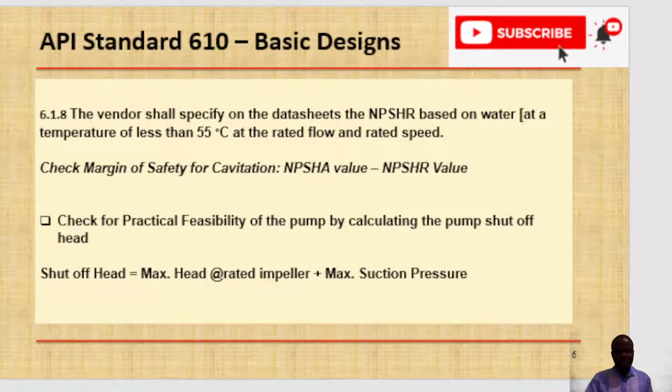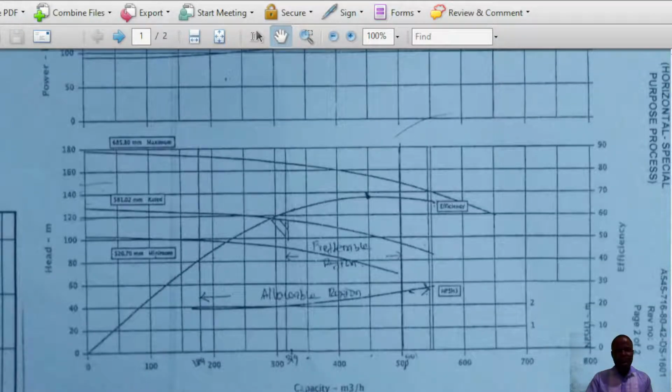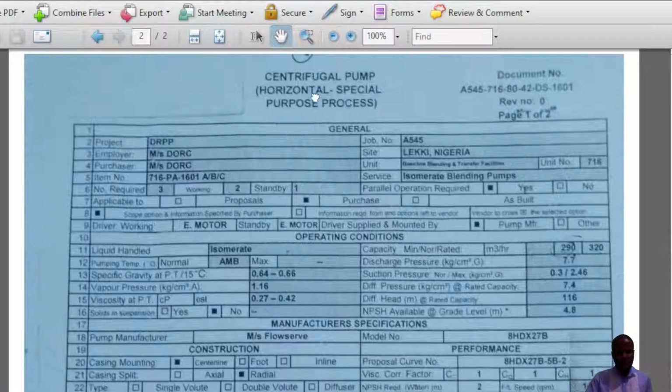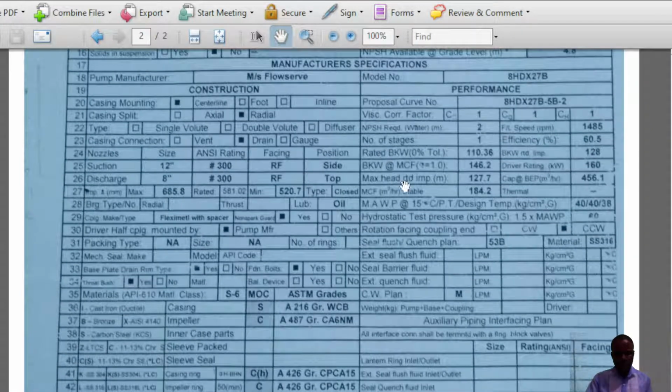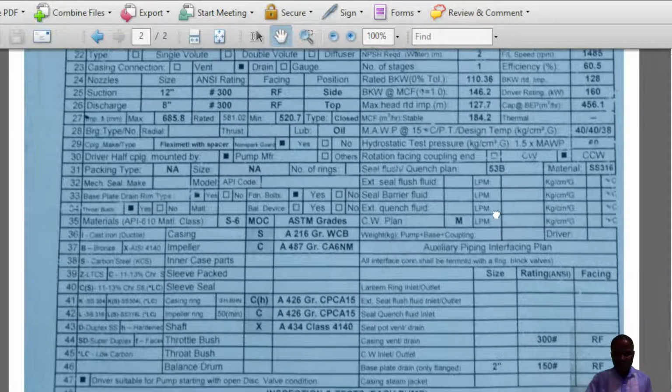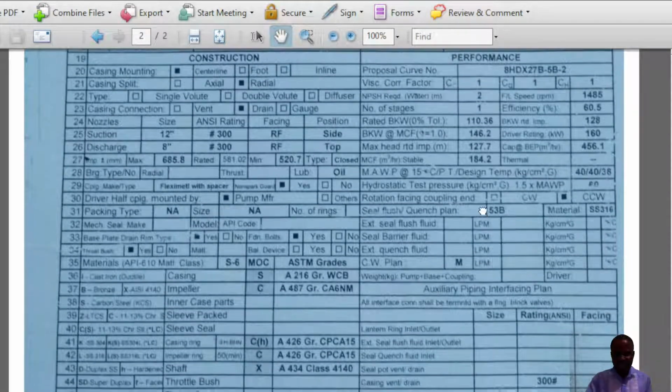Now, if you look at this particular mechanical data sheet, you see the NPSH, which is the pump characteristic.